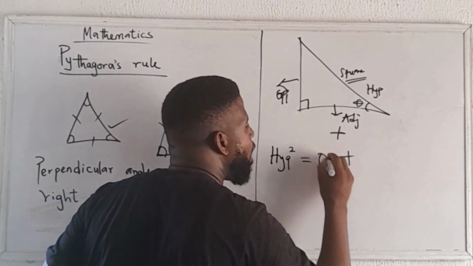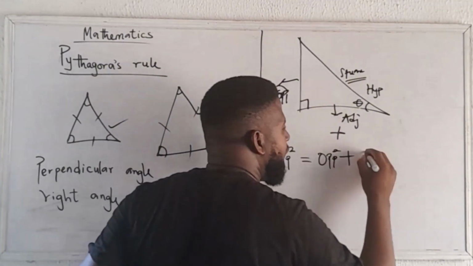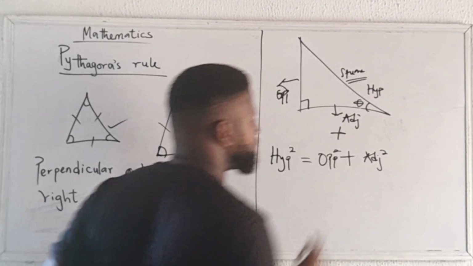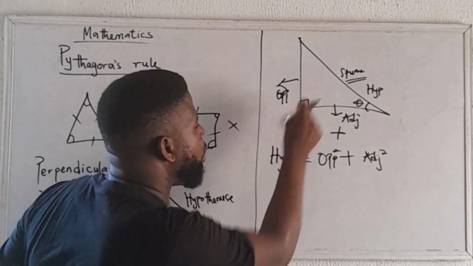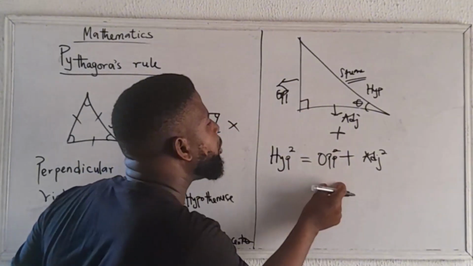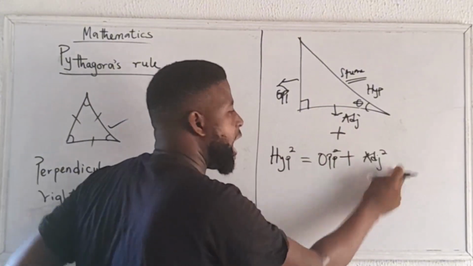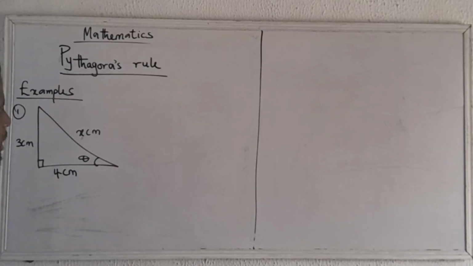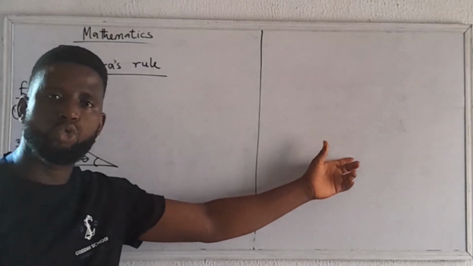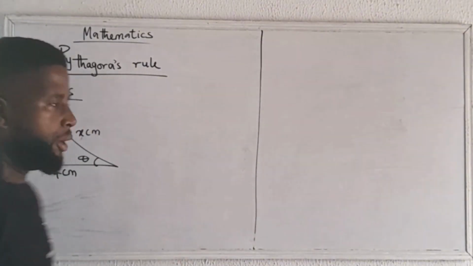That is, when I square opposite and adjacent, it means hypotenuse square is equal to opposite square plus adjacent square.